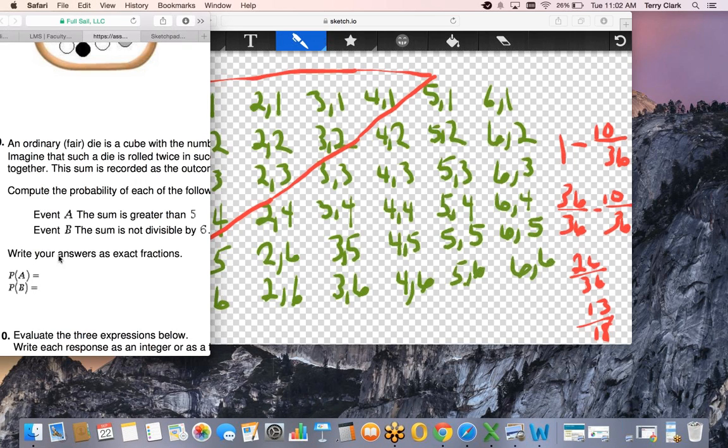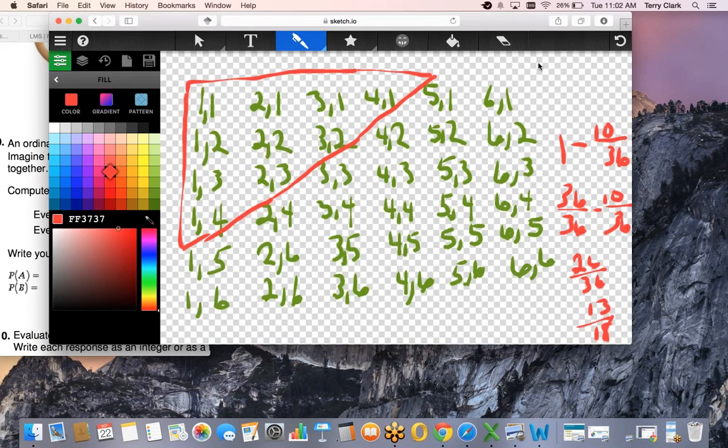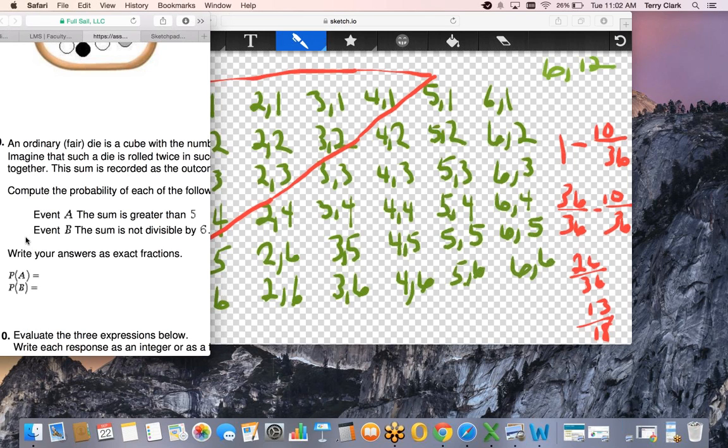The next one says the sum is not divisible by 6.